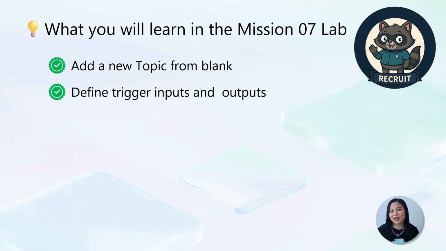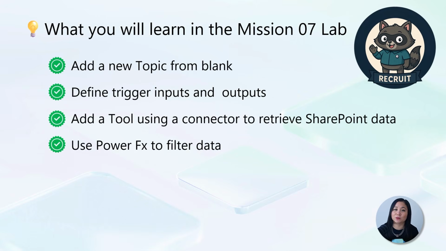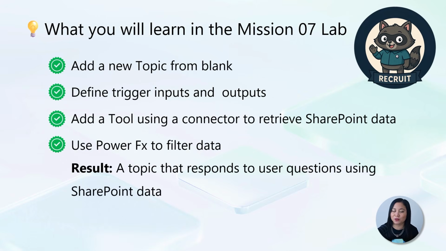In this lab today, we're going to add a topic that responds to users about available devices. We'll define its trigger inputs and outputs and add a tool to our topic using the SharePoint connector with a Power Fx expression to filter the data retrieved.